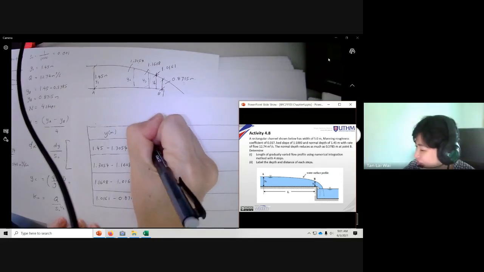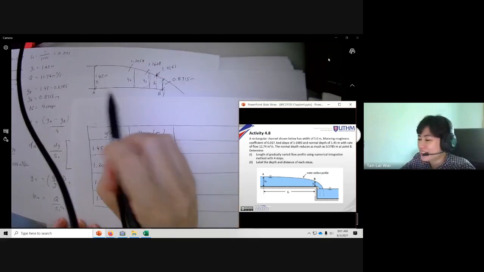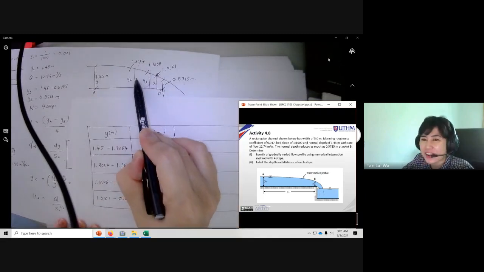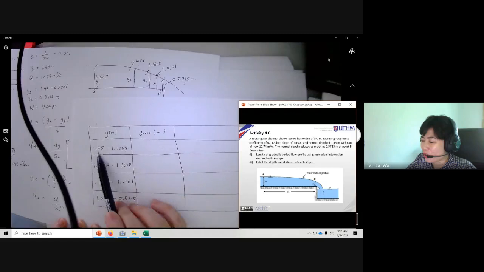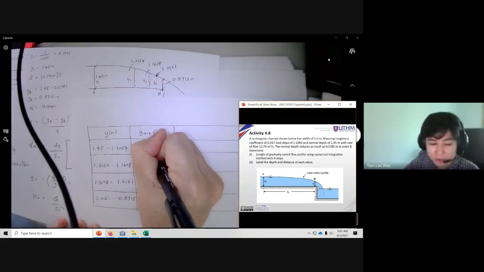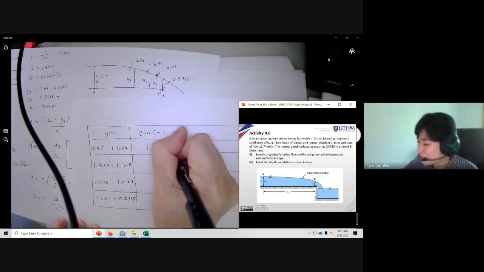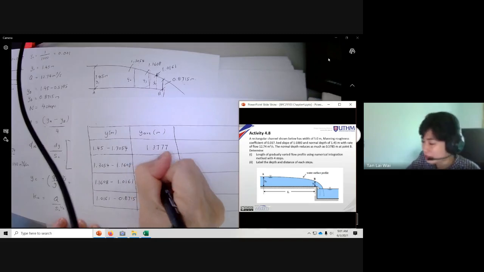Next step, find y average. This plus this divided by 2, or this plus this divided by 2. So I'm just going to write here. In the meantime, you can help me calculate whether it's correct or not.